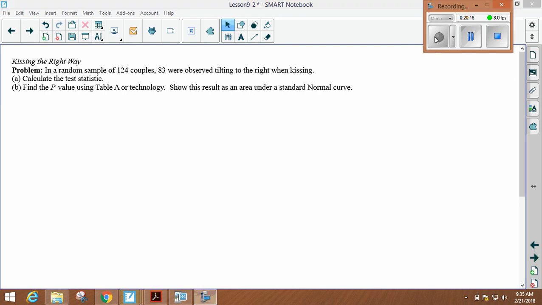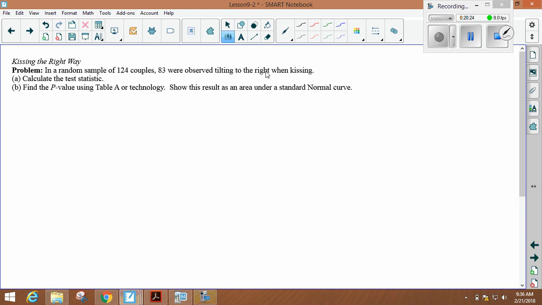So let's actually perform inference on kissing the right way. It says calculate the test statistic and find the p-value. We're going to actually go through this, all right? So what is our parameter?